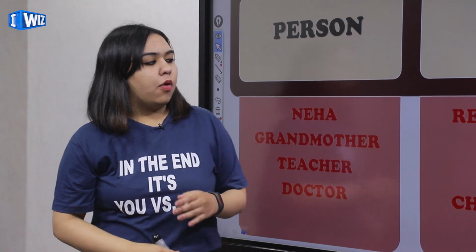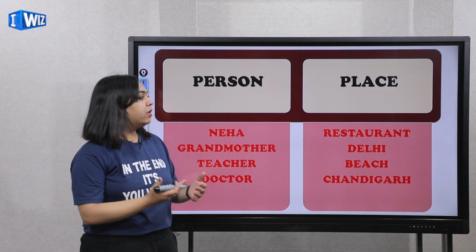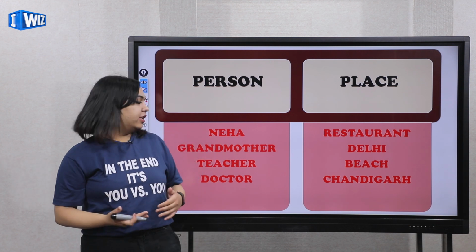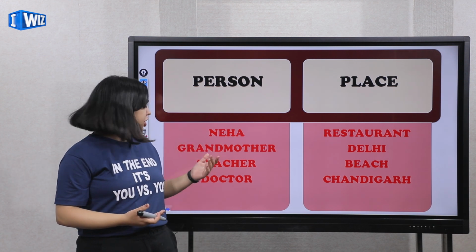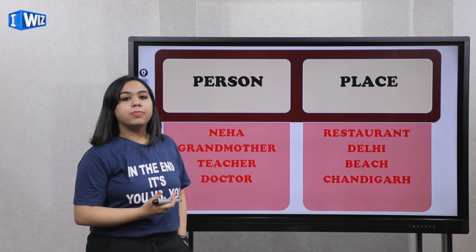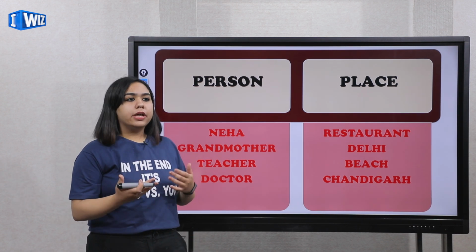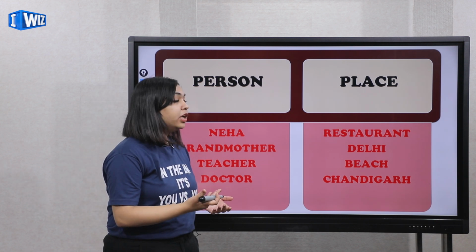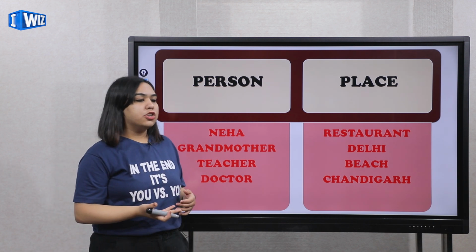Now, these are some examples of person, place, animals and things. For person, I can talk about anybody, say Neha, grandmother, teacher, doctor. They are all people. Next is place: it can be a restaurant, it could be Delhi, a beach, or a place like Chandigarh.